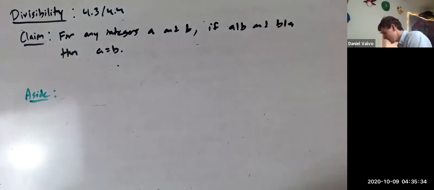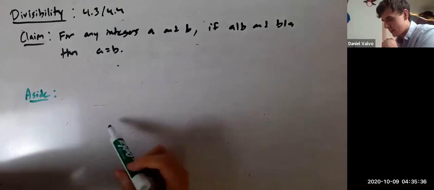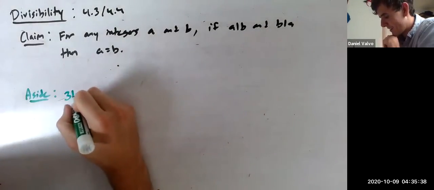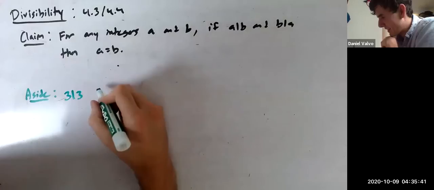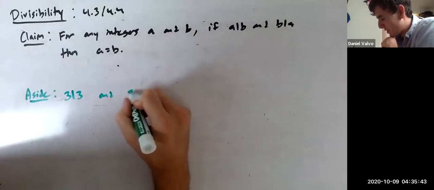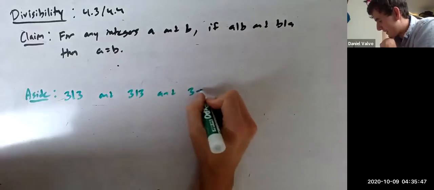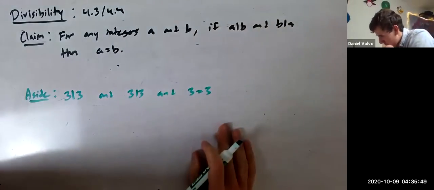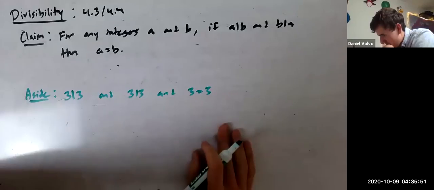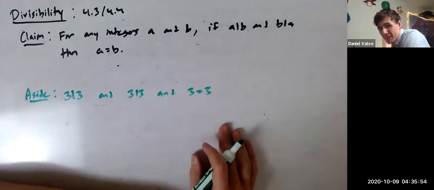Well, let's think about it. I mean, 3 divides 3, and 3 divides 3, and 3 equals 3. So there's some evidence there.